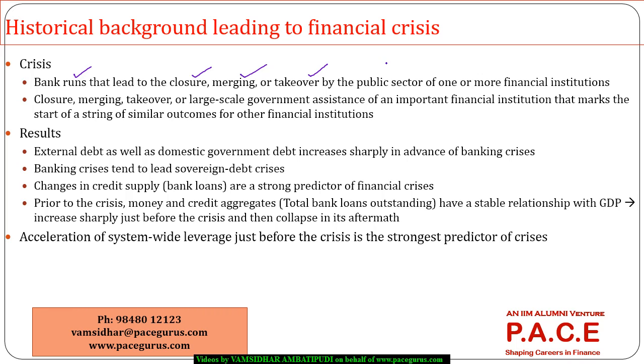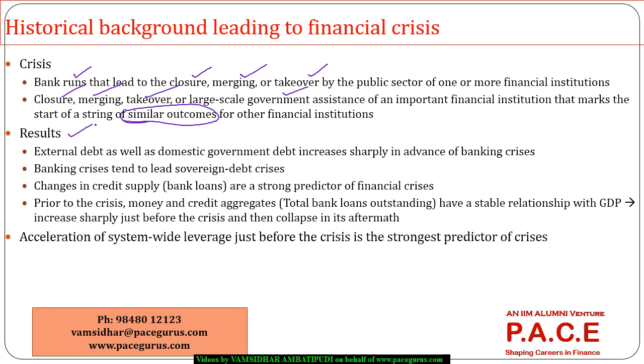So we have seen all such things happening in the global market during the crisis: closures, mergers, takeovers. In some cases, even government assistance to these financial institutions came up in a very large manner. So there were so many such outcomes which really contributed to the crisis, or which occurred in a big way during the crisis.